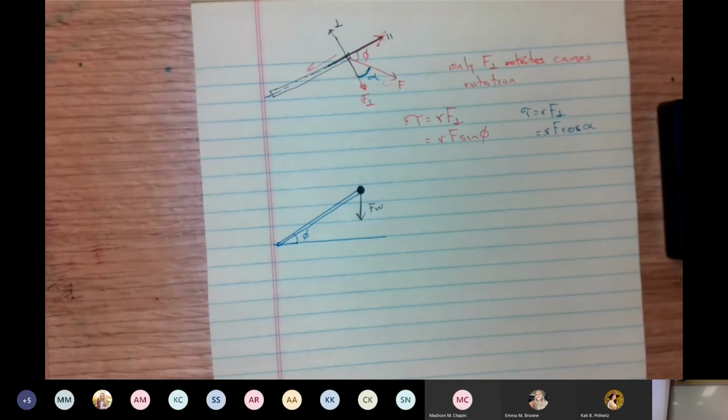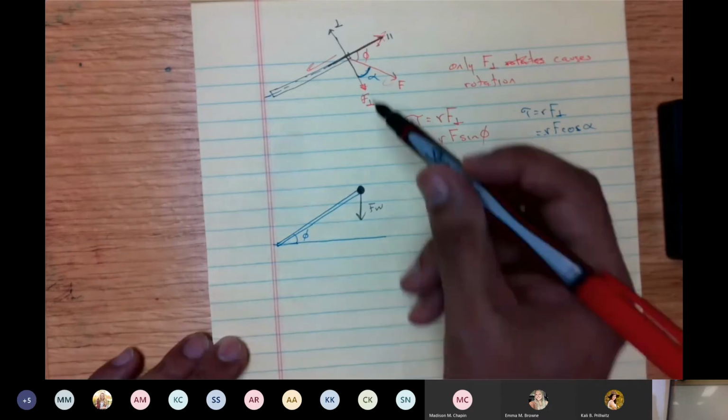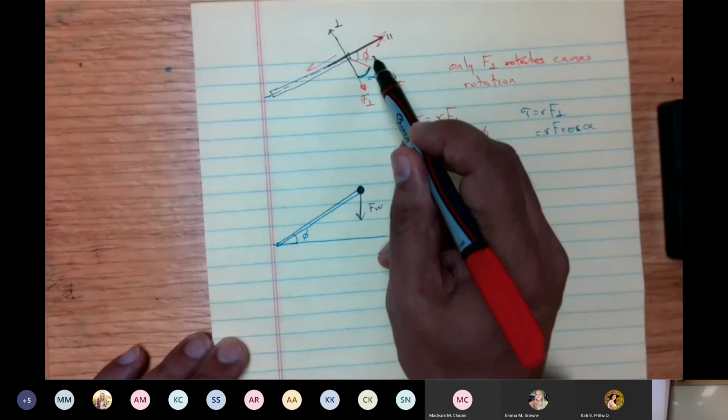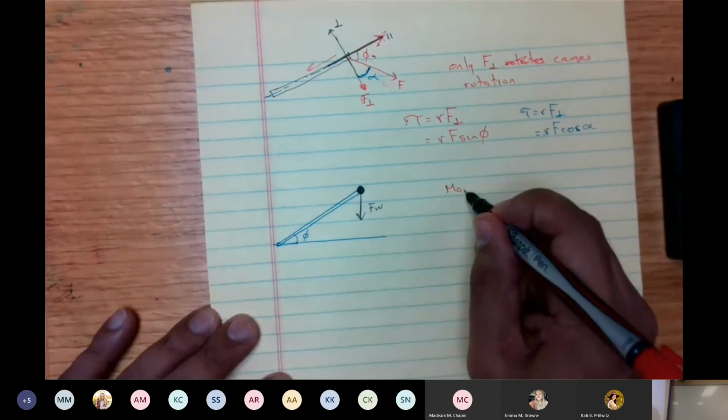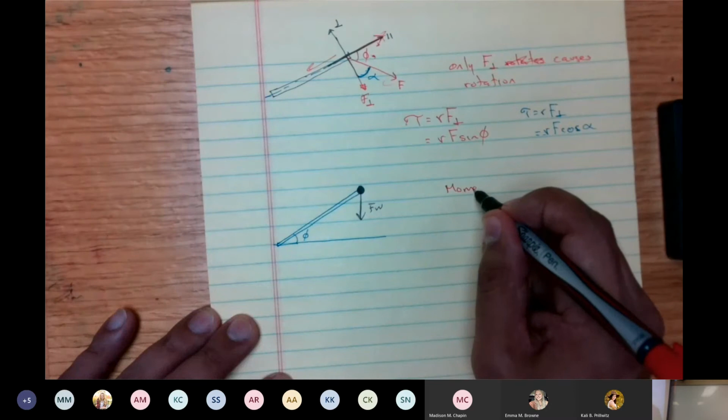Okay, so especially when you're working with the human body, when you are looking at torques in different joints like your hip, your knees, sometimes measuring these angles alpha, these angles phi are not that simple. So another way is by using what's called moment arm.